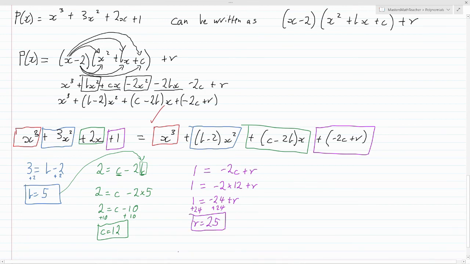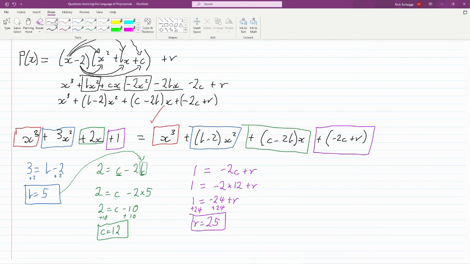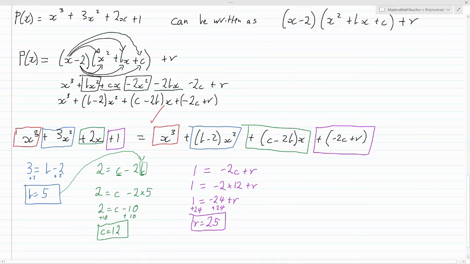Okay, so what we've done, we expanded what we knew it equaled, and then we equated the coefficients. So now what we can say, going back to our original, is that P of x can be written as x take 2, x squared plus 5x plus 12 with a plus 25 out the back.